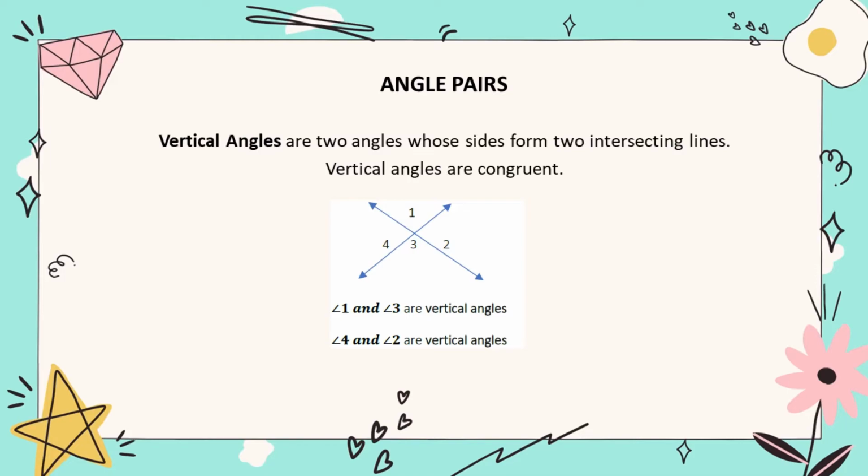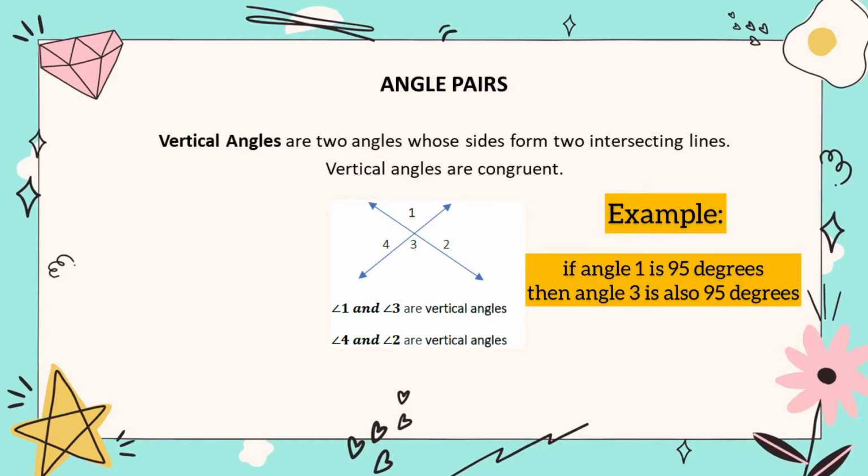And in our example, we have angle 1 and angle 3. And we have also angle 4 and angle 2. And take note na vertical angles are congruent, ibig sabihin, dahil nga vertical angle si angle 1 and angle 3, kung ano ang measure in degrees ni angle 1, yun din ang measure ni angle 3. Same with angle 4 and angle 2.